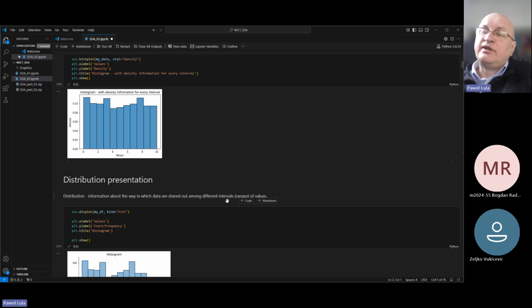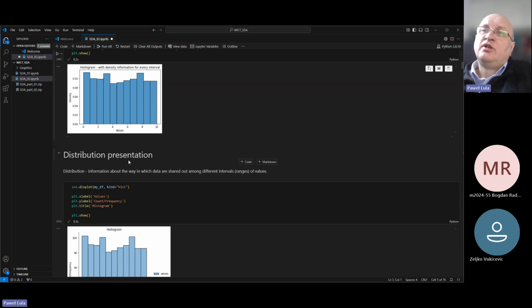Sometimes we can say intervals, sometimes ranges of values. So, of course, our histogram, which we had here with density values, is a very good form of presentation of distribution. It is very good, but also a very simple form.